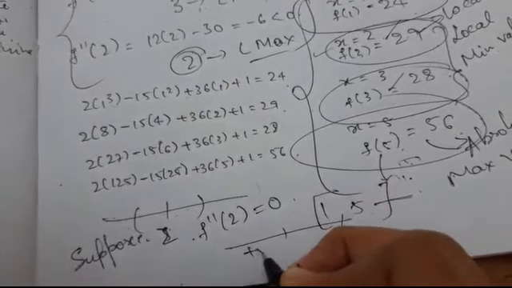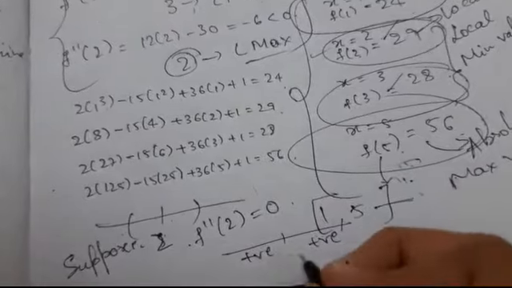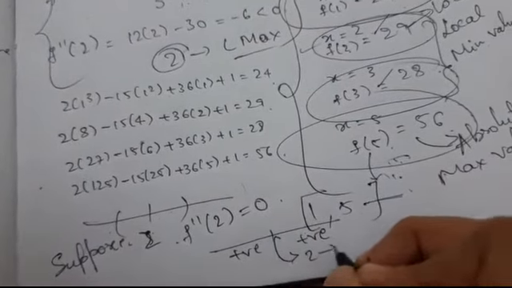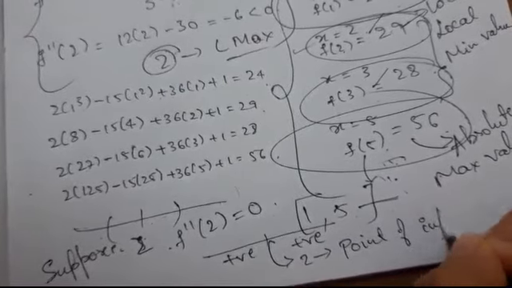Suppose in the first derivative test on both sides we get the same sign, positive or negative, then this point 2 becomes a point of inflection.